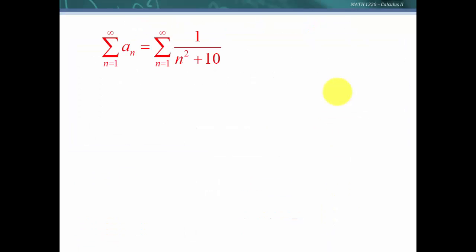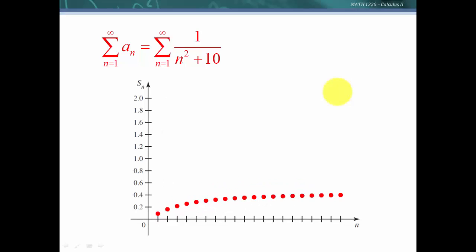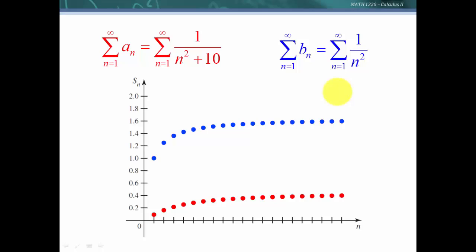So as we look here at A sub n, and the terms are 1 over n squared plus 10, we look for a known series that we could use in a comparison test. Here's these, and if we can get something that these terms are always less than or equal to, and then we know it converges, then we would know this one also converges. And so a great one to use would be 1 over n squared.